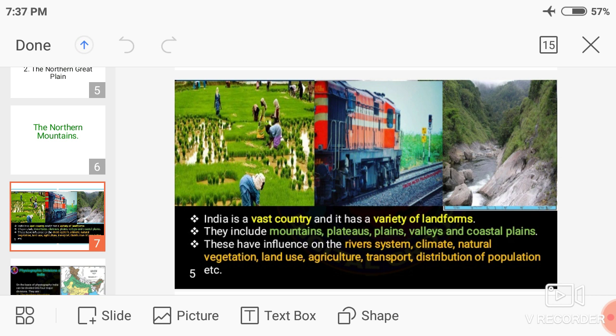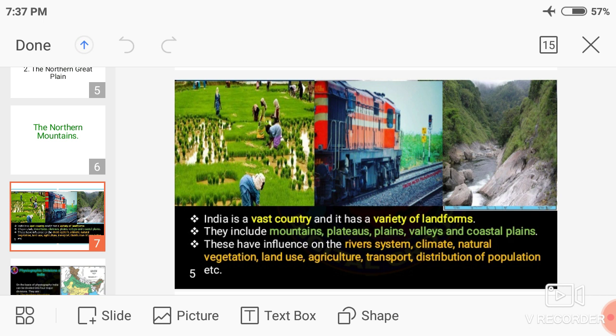They include mountains, plateaus, plains, valleys and coastal plains. And these have influence on the river system, climate, natural vegetation, land use, agriculture, transport, distribution of population, etc.